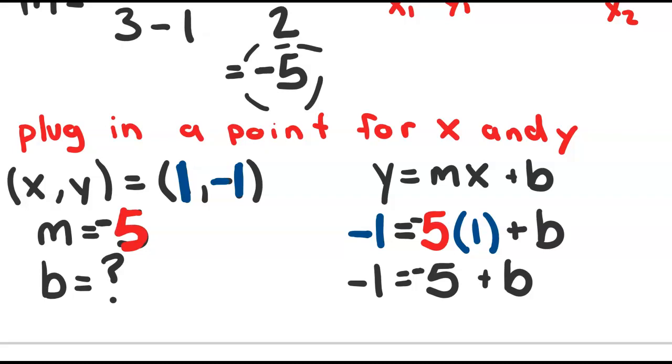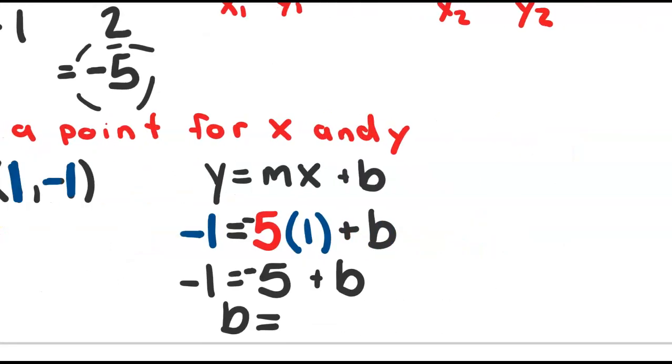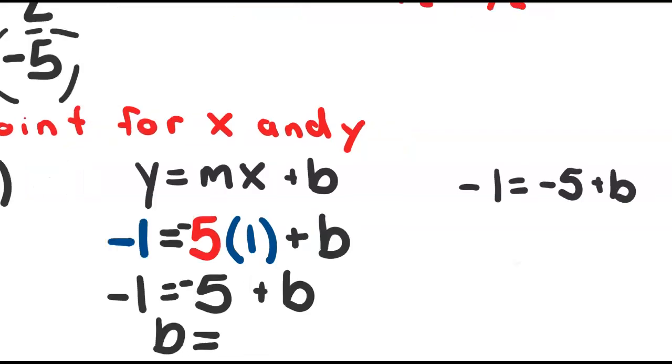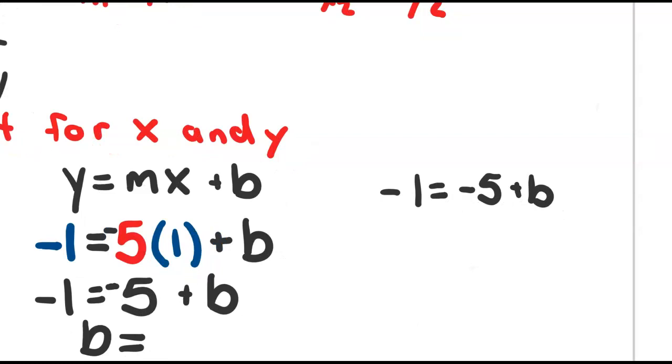So what does b have to be? B is equal to what? How do you solve for b? What do you have to do to both sides? Somebody's got to say it.